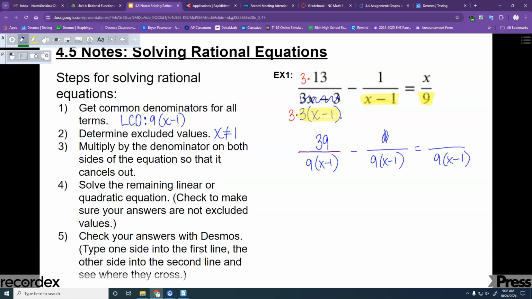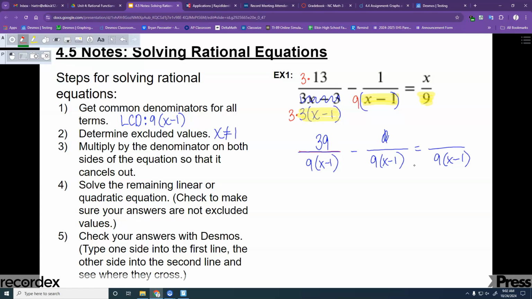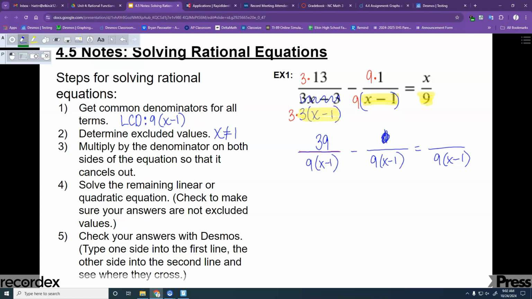Josiah, what do I need to multiply that second fraction by? Right now I just have x minus 1. I need to get 9 times x minus 1. 9. Good. So we'll multiply by 9 on top and bottom. And that'll just give me, ignore my scribble right there, just a 9.